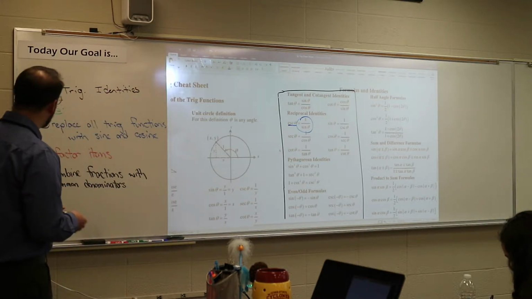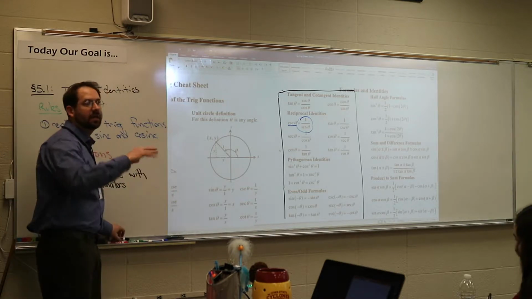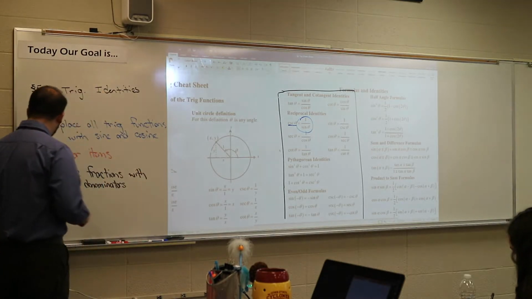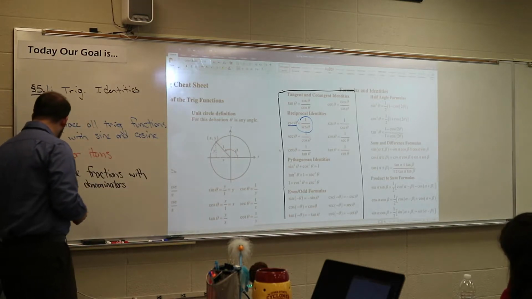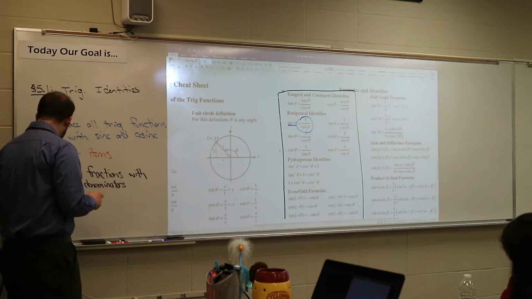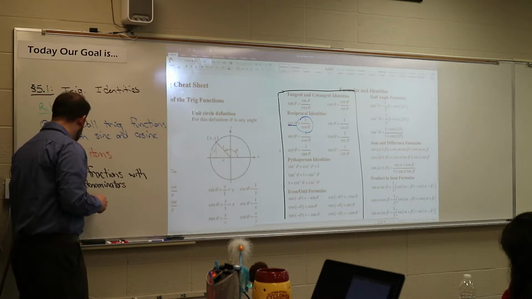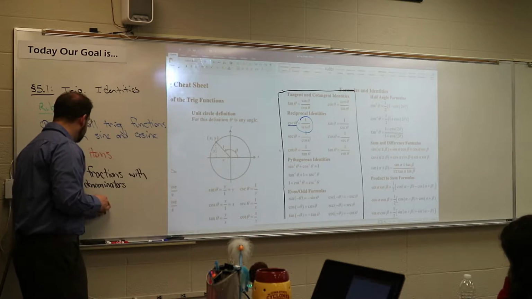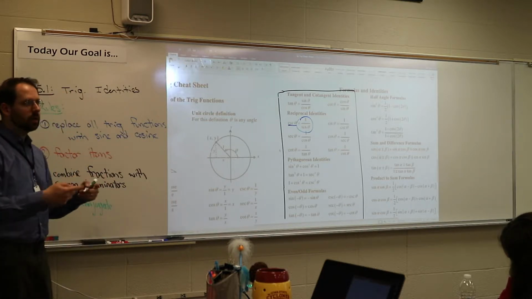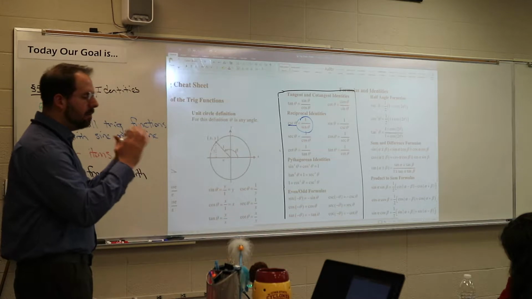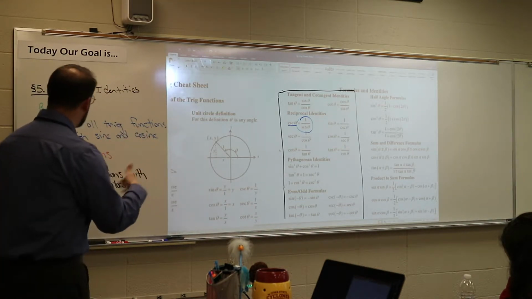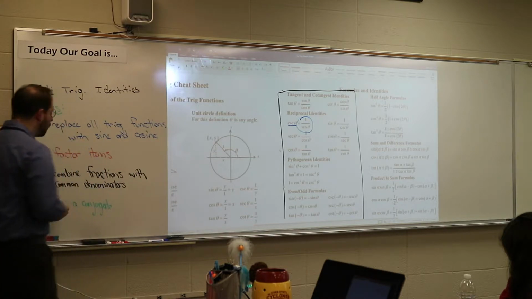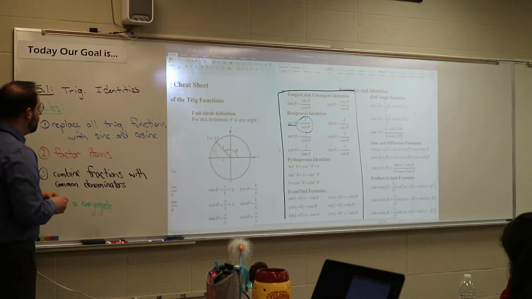And then the fourth rule that I usually follow, which I would have you use on that first example as well, is that if all fails, you need to try to use a conjugate. A conjugate is an opposite of a denominator. If I give you a binomial, a conjugate is putting a negative sign in the middle of it. There are certain rules for when you want to try to use that. But these are the four rules that I usually follow when I try to do these problems.